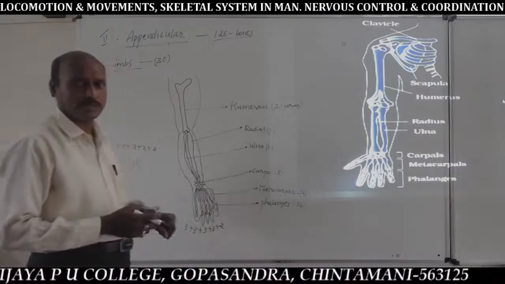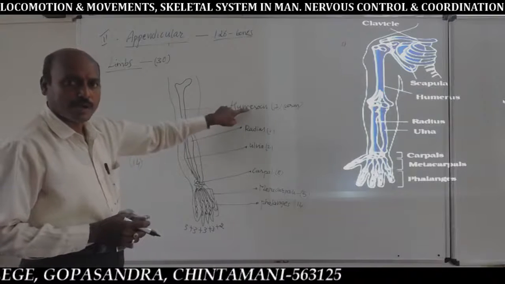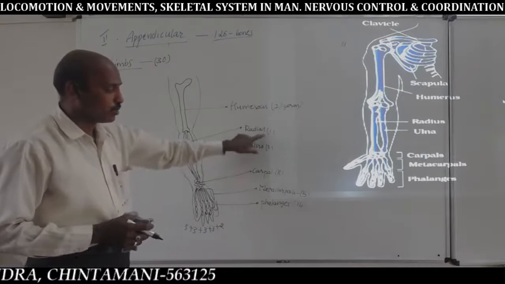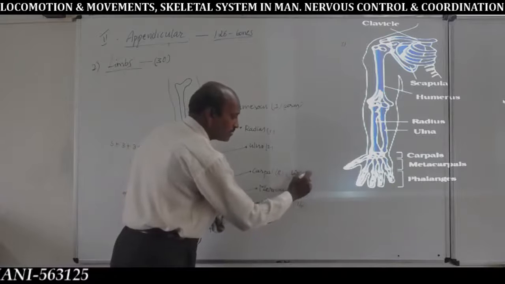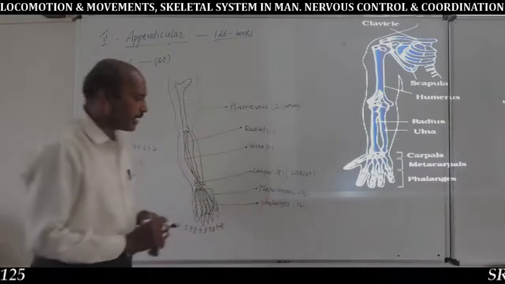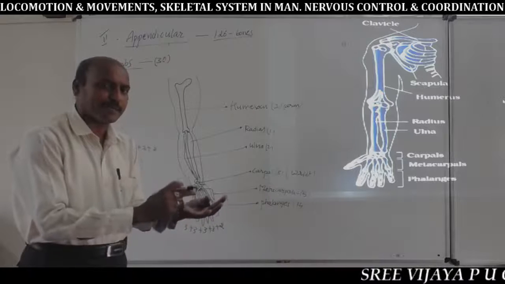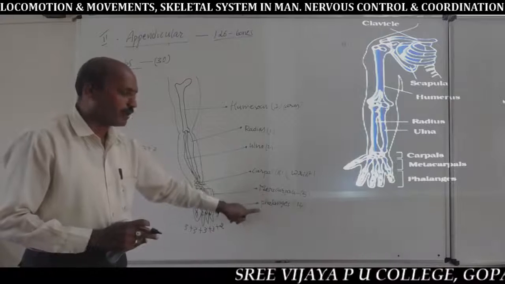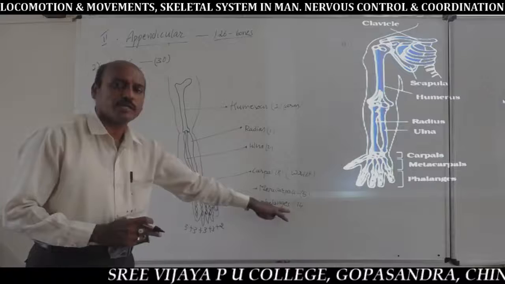So, humerus bone, arm bone, 1 bone, radius and ulna, 2 bones, carpal bones, otherwise called wrist bones, 8 in number, metacarpals, palm bones, in the palm region, 5 in number, while the phalanges, nothing but finger bones, 14 in number.